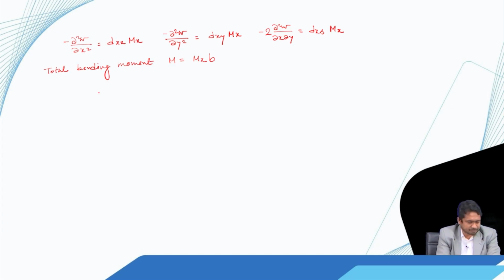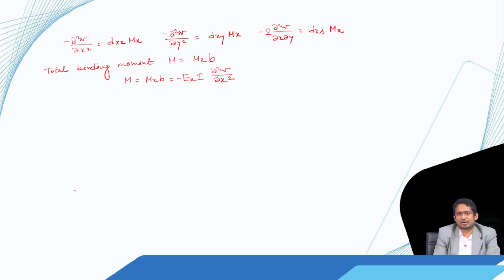Now, we know from the moment curvature relation that M, which is equal to Mx b here, is equal to minus Ex I del 2 w by del x 2, which we know from our beam theory.